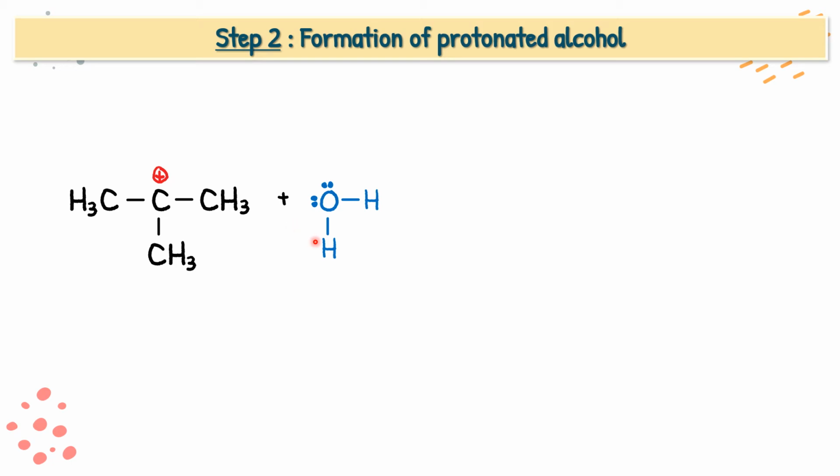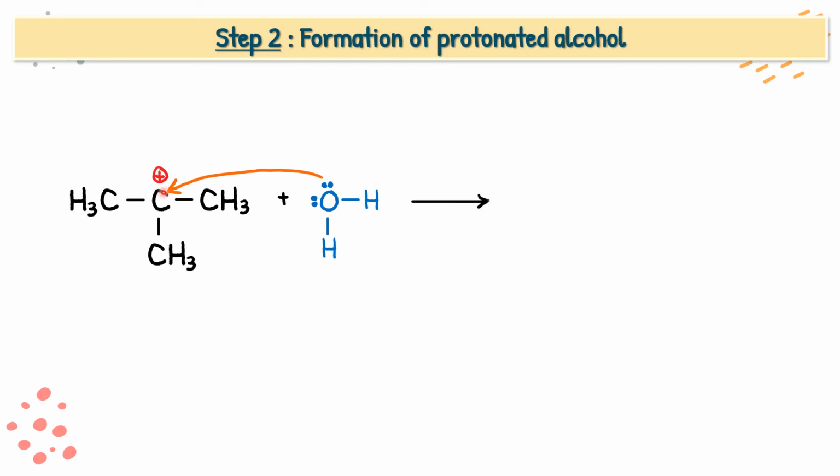As you can see clearly here, oxygen is the nucleophilic site, with many lone pairs, and the carbocation is the electrophilic site, not having enough electrons. This is our electrophile. So the electrons from oxygen will attack our carbocation. We show it by the curved arrow here, from the lone pair on the oxygen towards the carbocation.